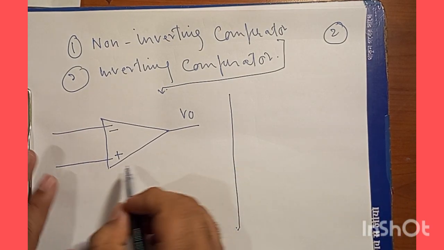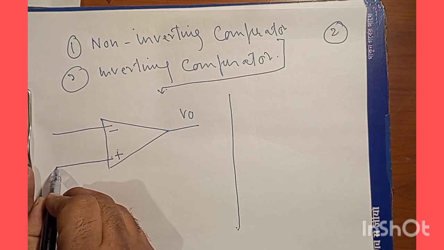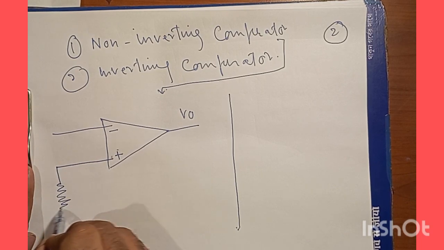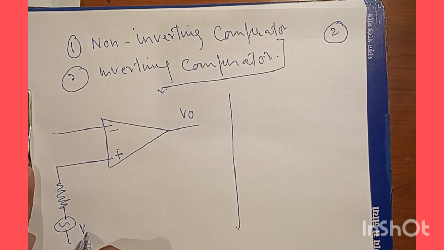Now, talking about the positive terminal here, if I make use of a resistance and use a signal and call it Vi, right?